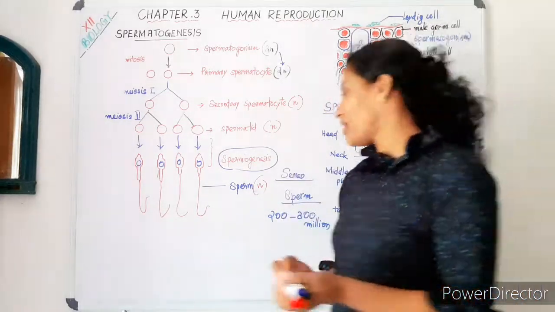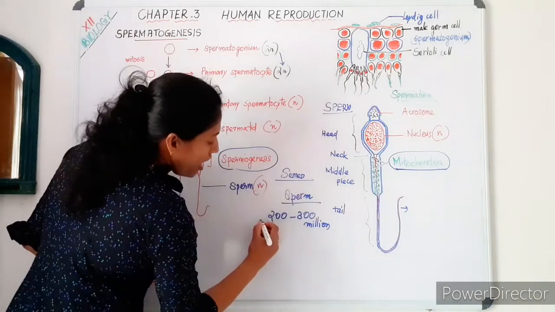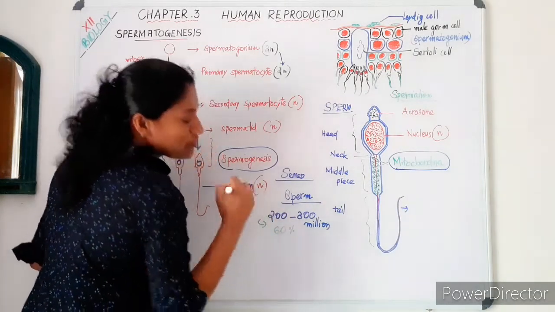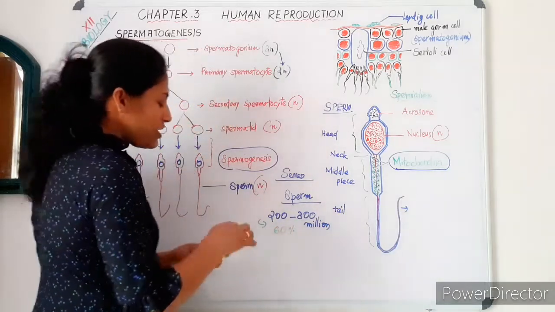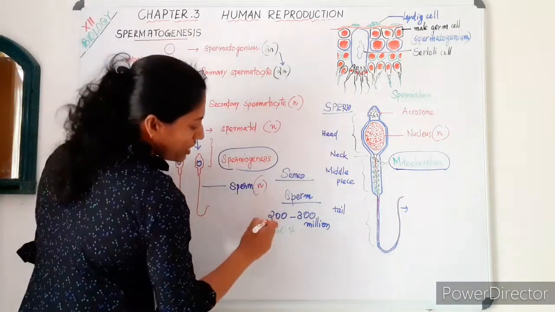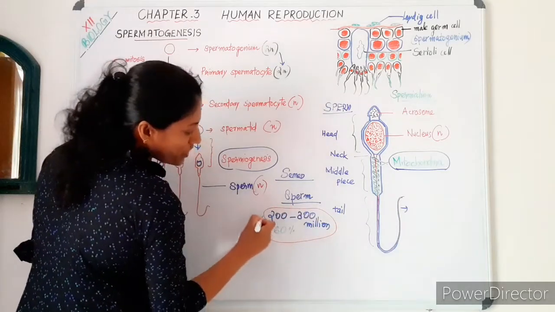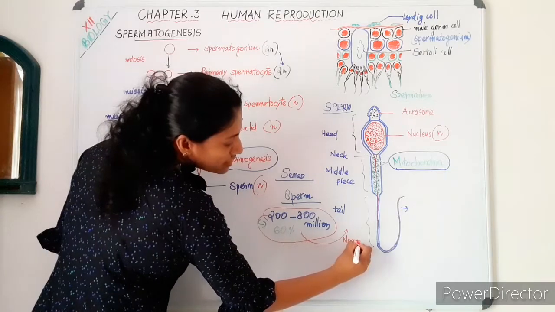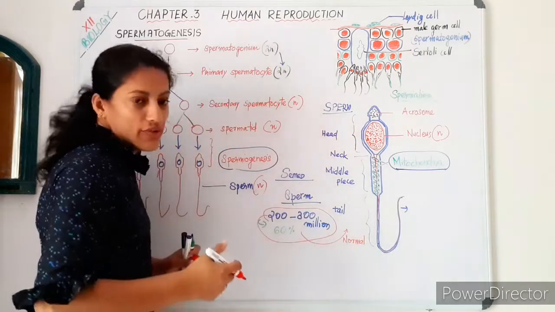Then a very important thing: for normal fertility, out of this 200 to 300 million, 60% of them should be normal. That means 60% of the sperms should be normal for fertility. Otherwise, we can say a man is not fertile.